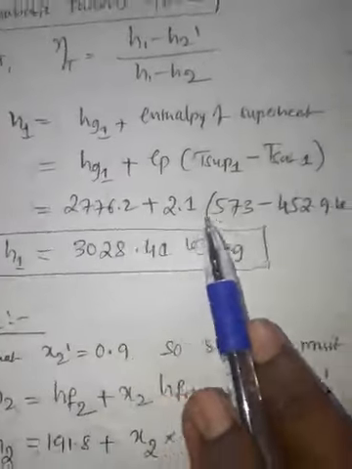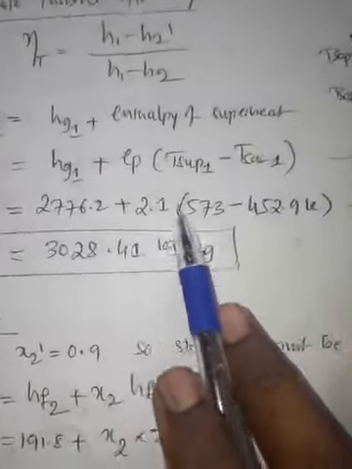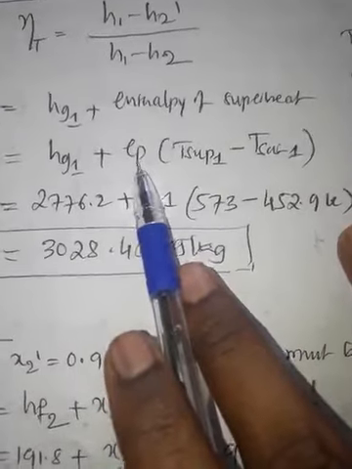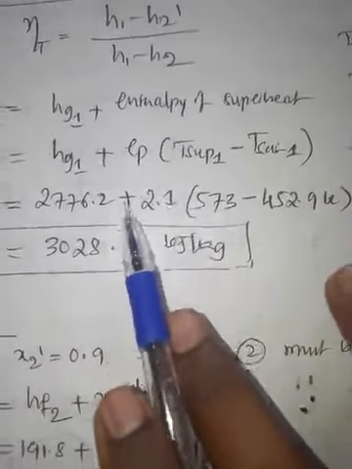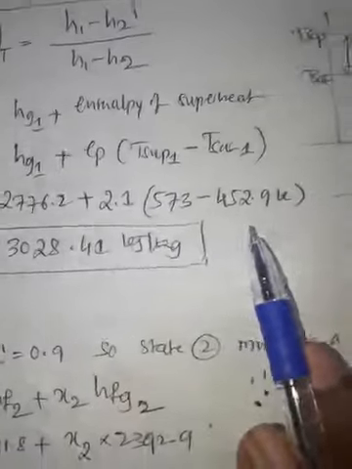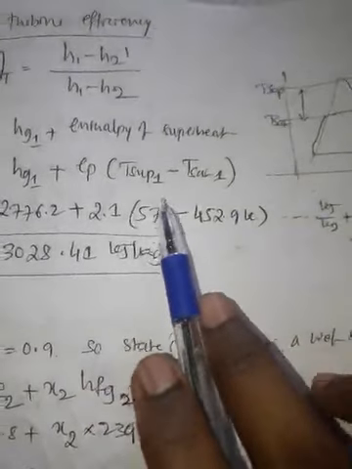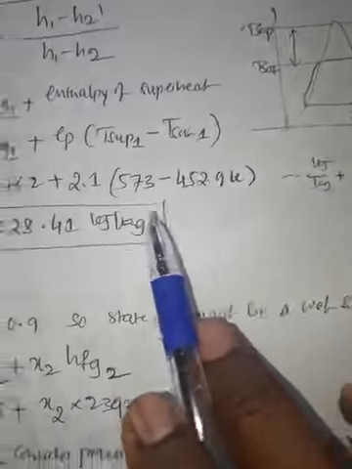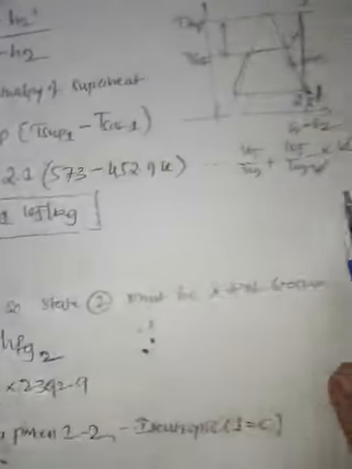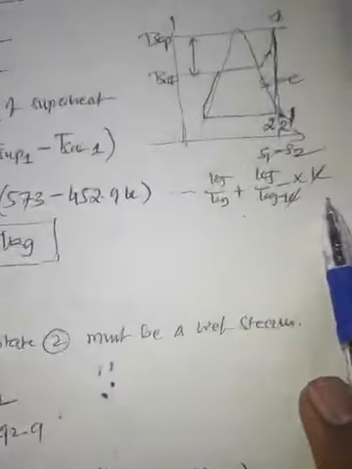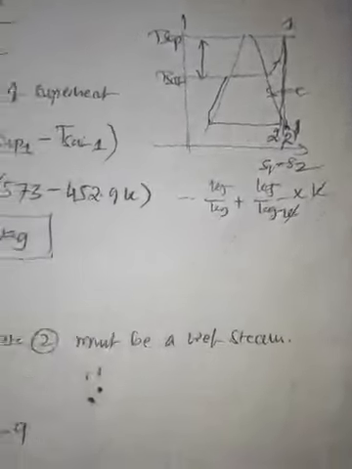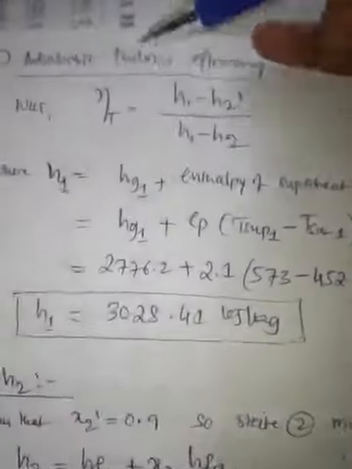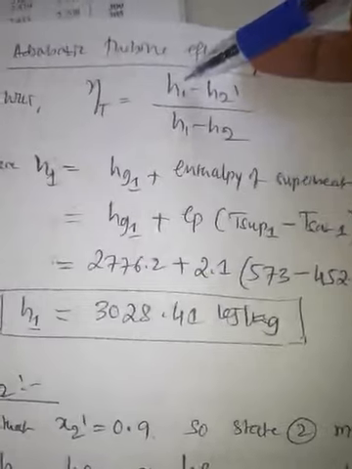So we have the data here. Please note down Cp for steam during the superheating process, we assume it as 2.1 kilojoule per kg Kelvin, and T superheat we have already converted to Kelvin, 573, T saturation we have the value, so we calculated the H1 value. Here it is, the unit balance for you. So we calculated H1 with this formula.